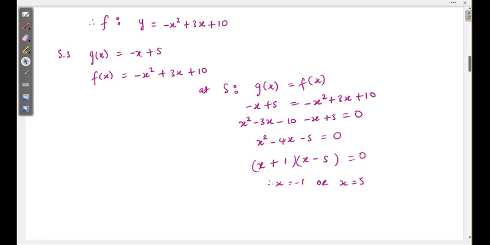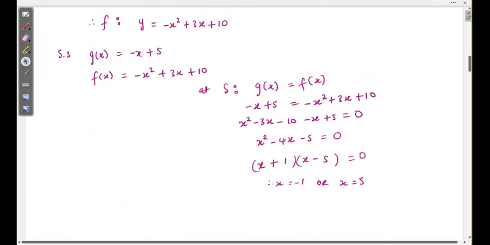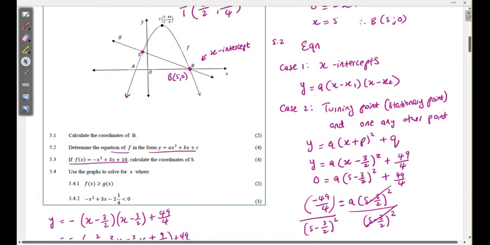However, why are we getting two x coordinates, two x values? What does it mean? I'm not sure actually. Look at the answers, and then look at the graph.